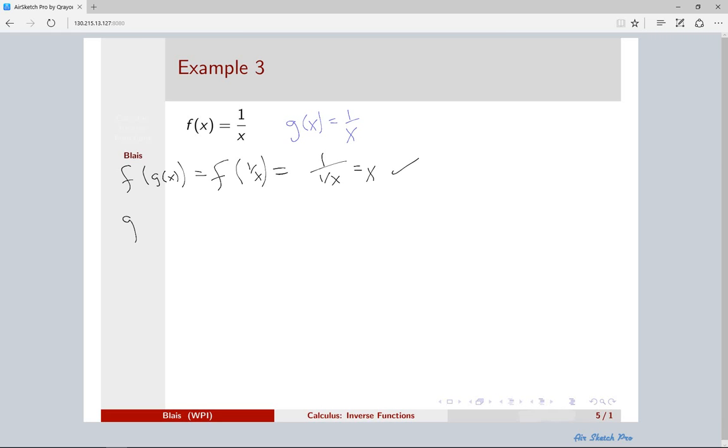And if we go the other way, it's the same thing. So g of f of x, replace the f of x in here with what it is, 1 over x. Plug that 1 over x in for g. What we get, 1 over 1 over x, or x.